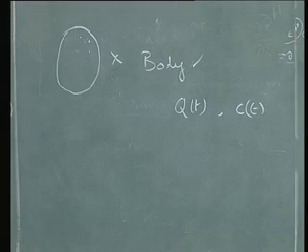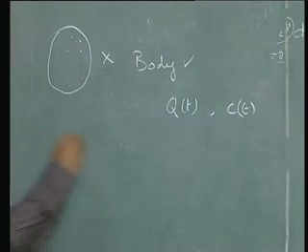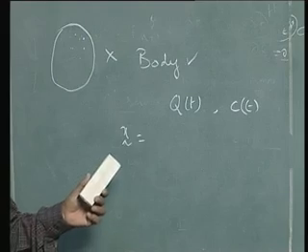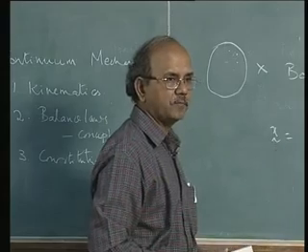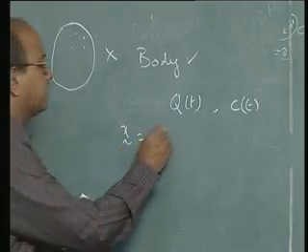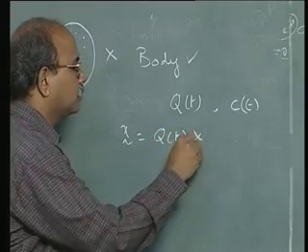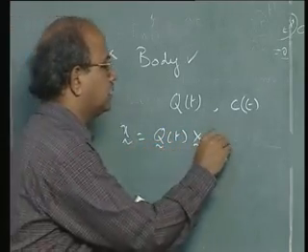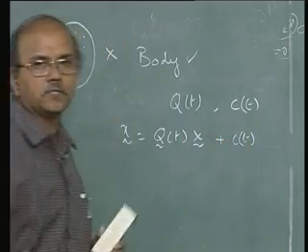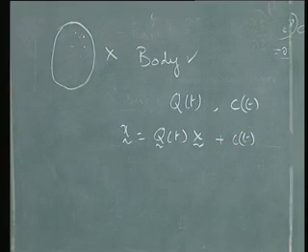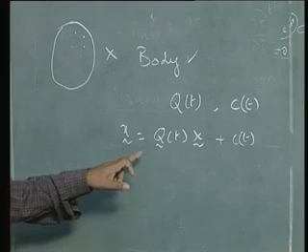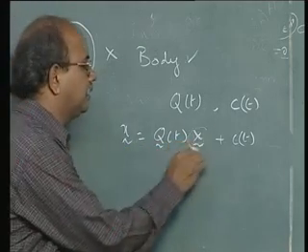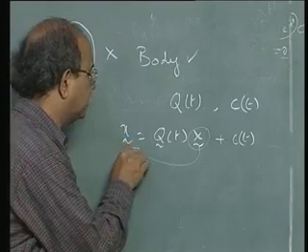So in other words, I can say that the final result, that is x, which is a function of capital X, can be written as Q(t) X plus c(t). Note that this is one of the mapping functions, in the sense that given this, I will get that.